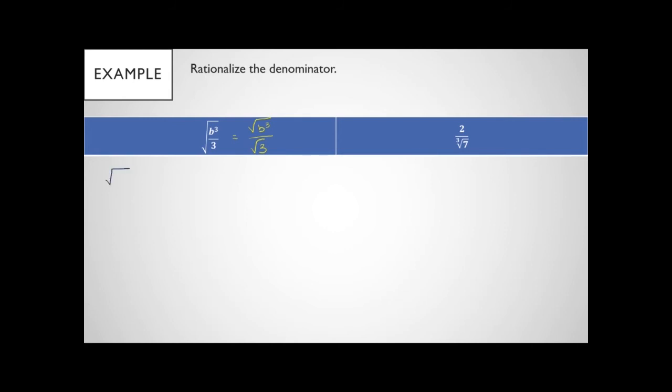So we have the square root of b cubed over square root of 3. So there's a couple things that we're going to go on here. We're going to try to get rid of the square root of 3 in the denominator, but also that b cubed, we can simplify that further because we want powers of 2 on a square root, and there's 3 of them.